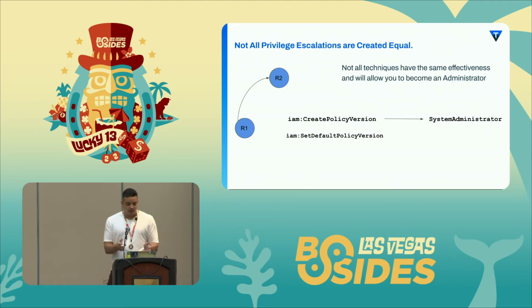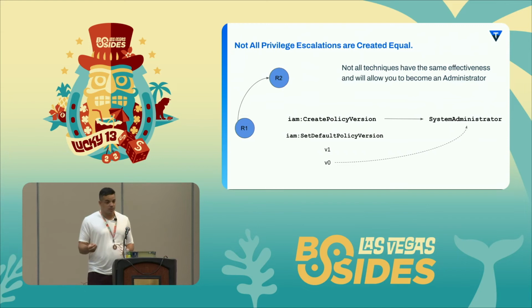So here we have two techniques. The first one is IAM CreatePolicyVersion, which allows you to become a system administrator by just creating a new policy version and becoming an administrator, right? But there is another technique called SetDefaultPolicyVersion that depends on you having another policy version that allows you to become administrator earlier.